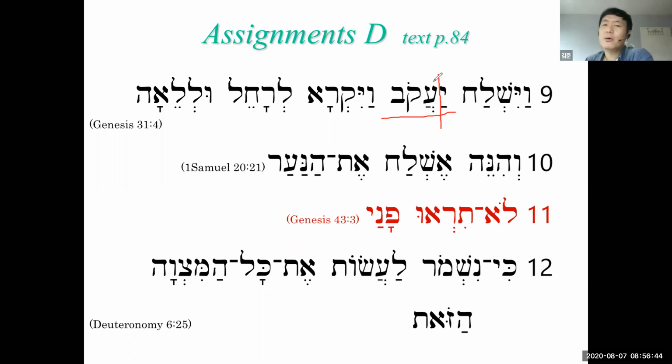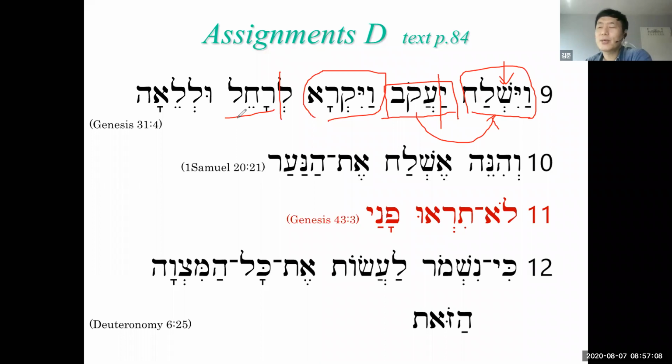So this one is Jacob, and this is the subject of this verb, the preceding word. And it helps that normally we expect a verb, and then the real subject follows it. So this is a subject. And then this is another verb conversive. All right. And to Rachel. And to Leah.